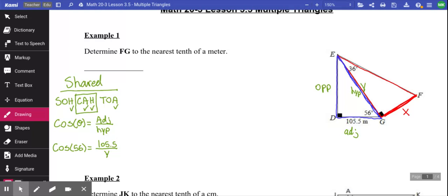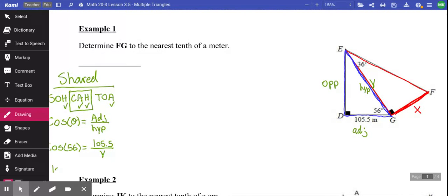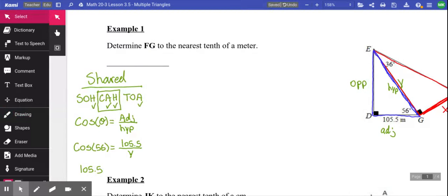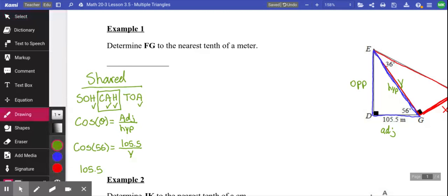So in my calculator, I'm going to type in 105.5. Then I decide if I'm multiplying or dividing. In this case, I want to divide because y is on the bottom. So I hit divide, and I divide by cos of 56. And that will tell me what y equals.